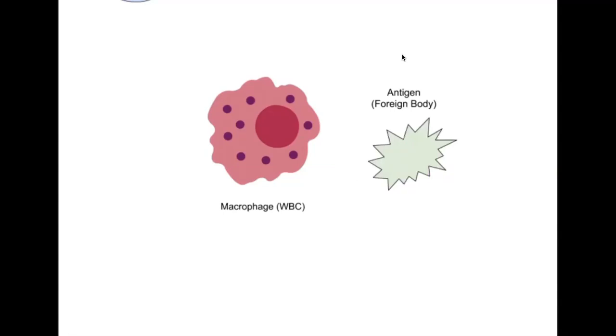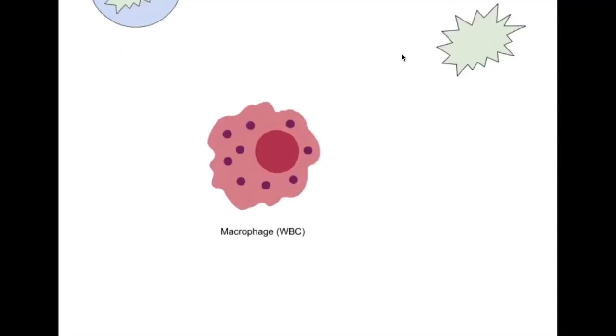Now, what's really important, or one of the first key differences between cell-mediated and humoral, is that once this foreign body gets eaten, something's going to happen to the macrophage. So I'm going to draw in green, similar to the antigen that we just looked at. It's going to form these little protein markers. And again, they're not actually triangles, just like when we draw antibodies and antigens.